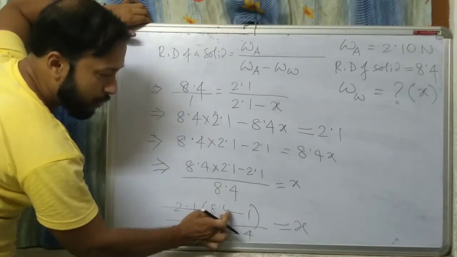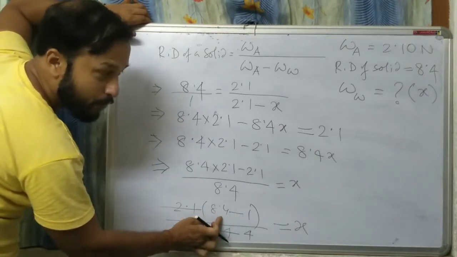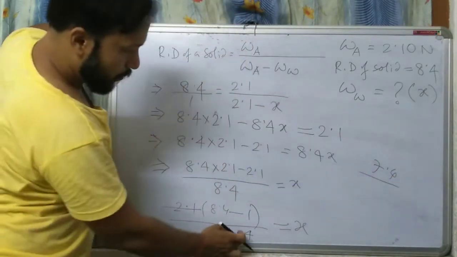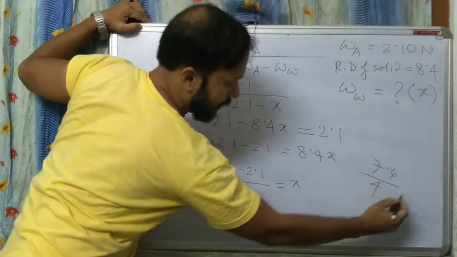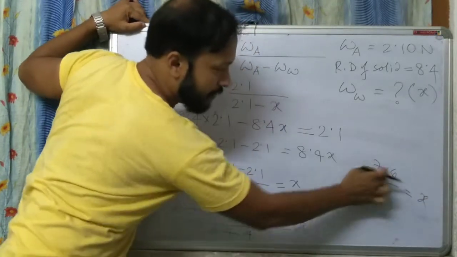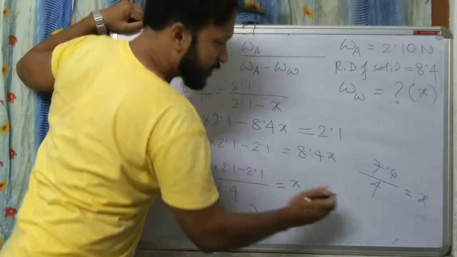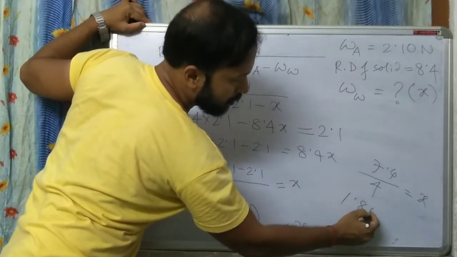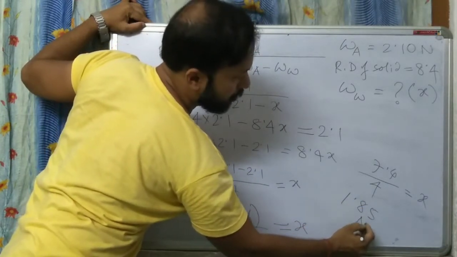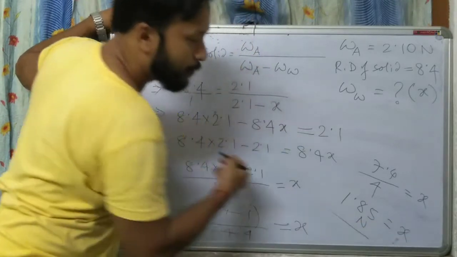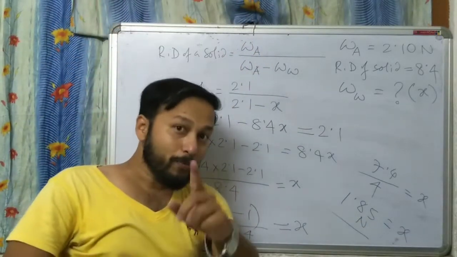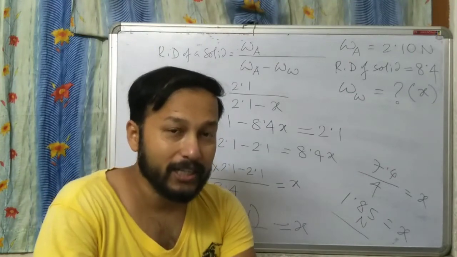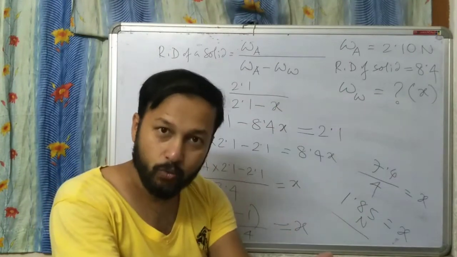So 8.4 minus 1, that is 7.4. So 7.4 by 4 equals x. Now if I divide it, I will get 1.85 Newton. So 1.85 Newton is the weight of that object when you have immersed it in water.